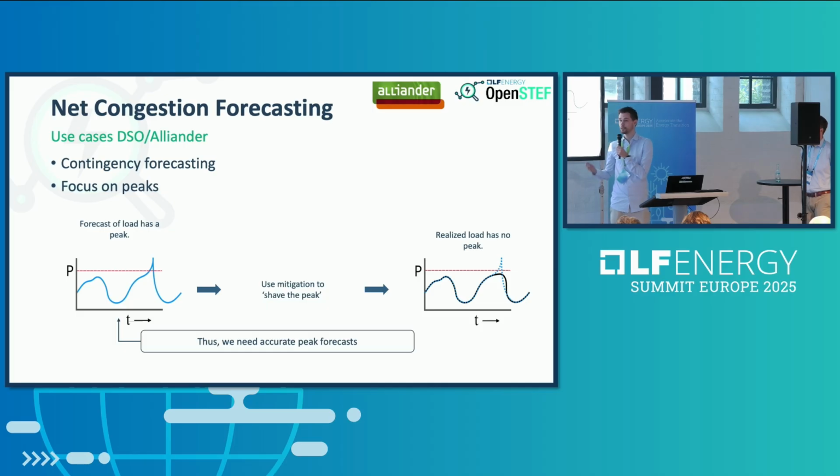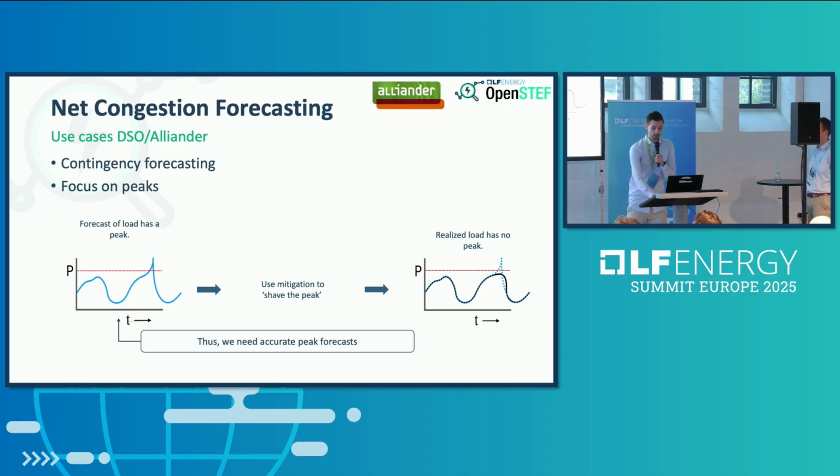When we detect this 1 or 2 days ahead, we can contact the customer with whom we have a flexible contract and say, hey, we see there is a peak. Can you reduce your energy usage at that moment? Then, when that moment arrives, they will limit their energy usage and we will prevent this peak from happening. The only way to do this in a proper, safe way is to have an accurate forecast, and that's what we use openSTEF for.